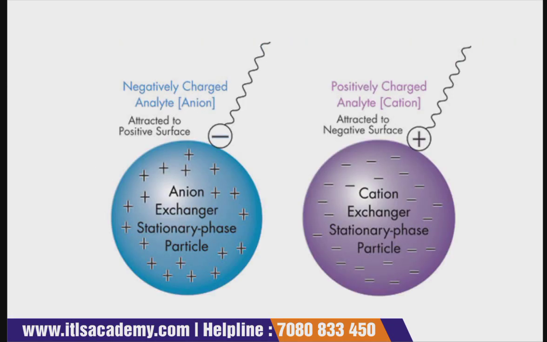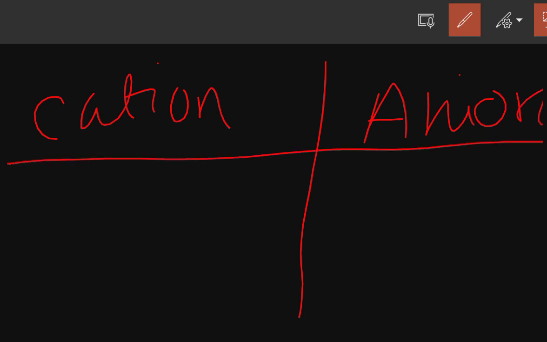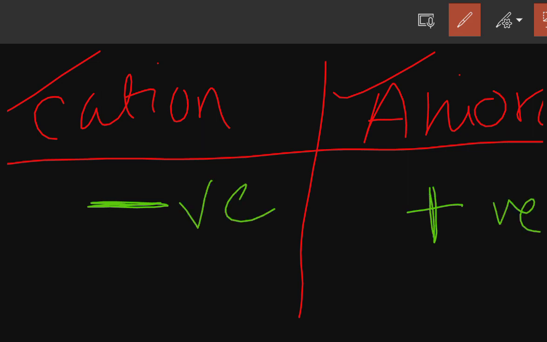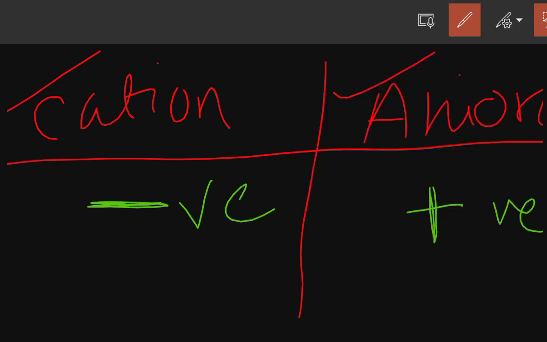So these two are the types of ion exchanger. First is cation and second is anion. Cations are negatively charged, whereas anions are positively charged.